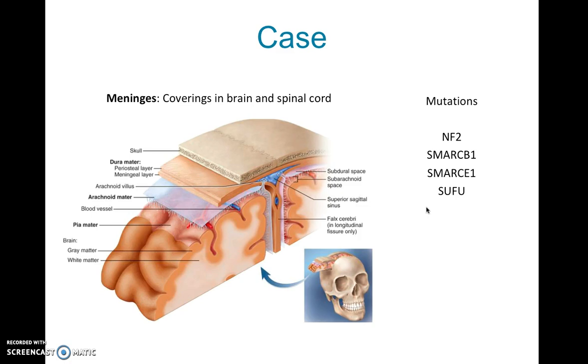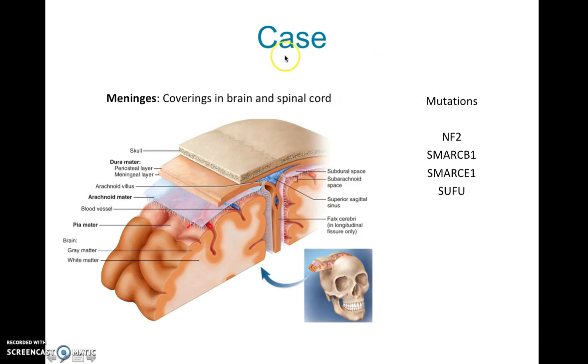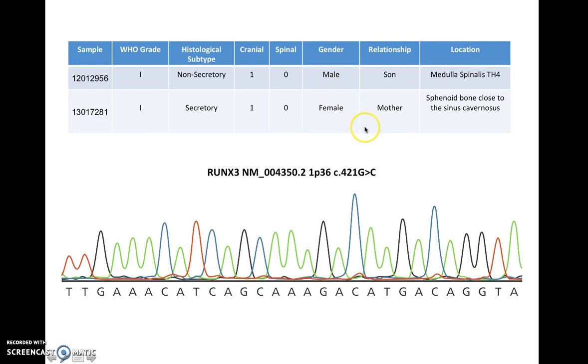But we have two cases, the son and the mother, who were screened for mutations in those genes because they have multiple meningiomas. We assume that it can be genetic because the son is affected as well as the mother. When both were screened, interestingly, we discovered that there are no mutations in those genes.